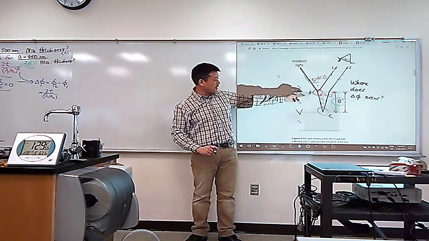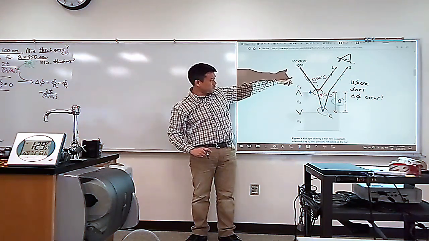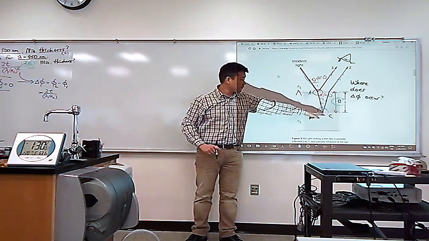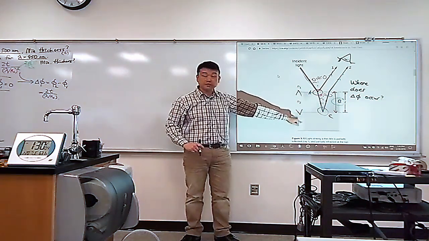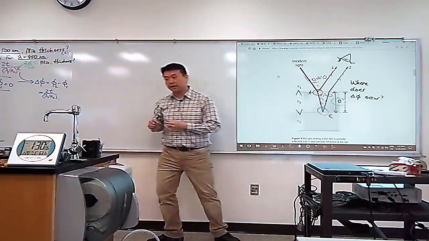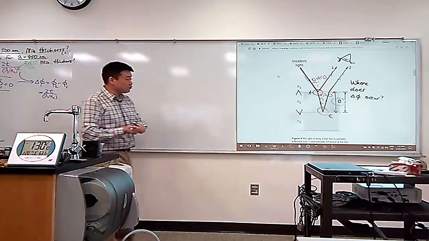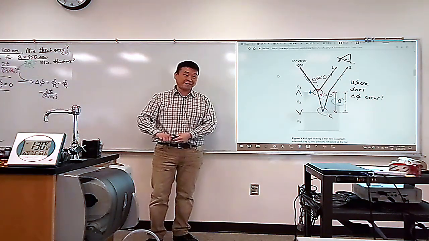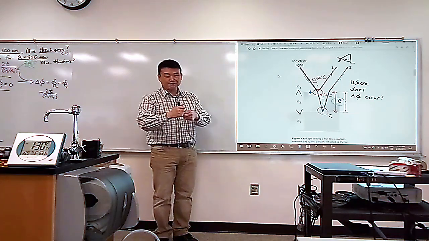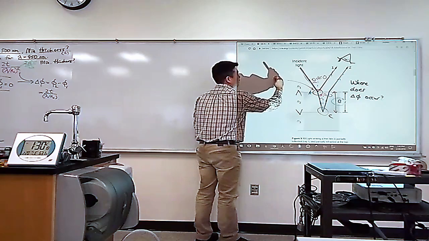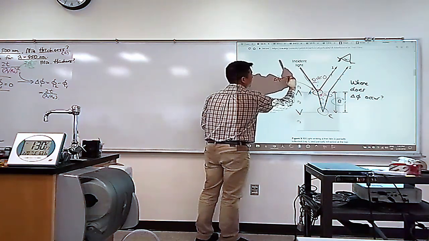So here you have two different types of reflections. Here you have reflection from smaller index of refraction to larger index of refraction. Here you have reflection from larger to smaller index of refraction. Then, this is a new rule that you just have to memorize without any real justification. Here you get a phase shift of pi.